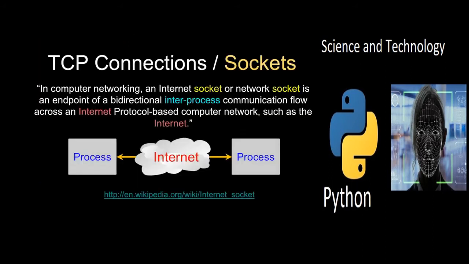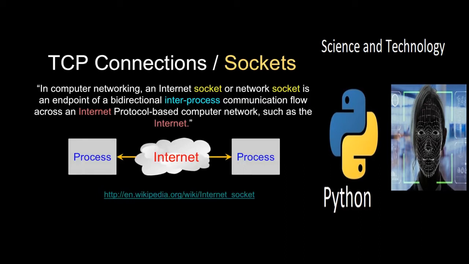In nerd terms, we call these things sockets. One process runs on one computer, another process runs on a second computer connected through the internet somehow, and one computer speaks into that socket and it comes out, and the other computer returns something. So this is a bidirectional protocol of data, in effect a series of data phone calls between applications.